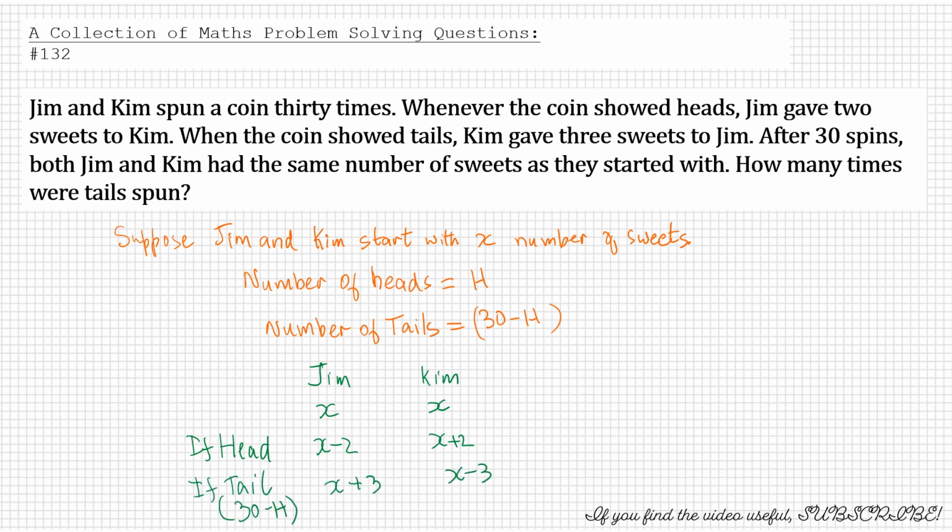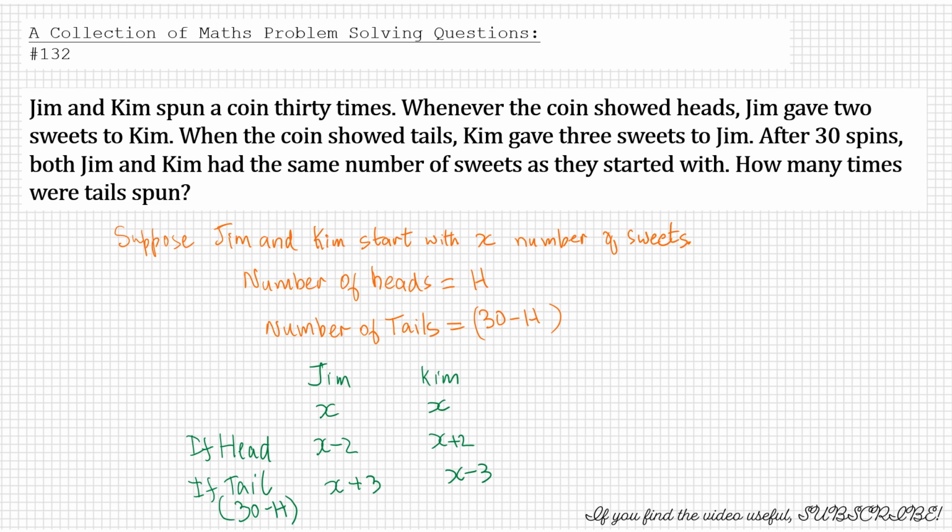And if the first one was a tail, then Jim would have X plus 3 since he is receiving 3 sweets from Kim, and Kim is giving away 3 sweets, so she would be left with X minus 3 sweets.